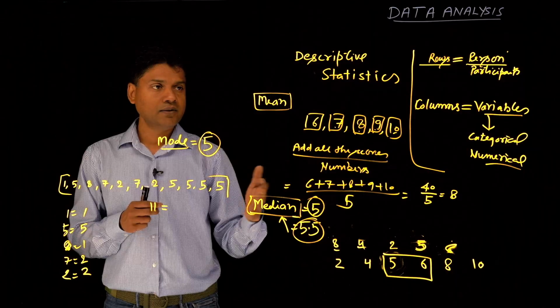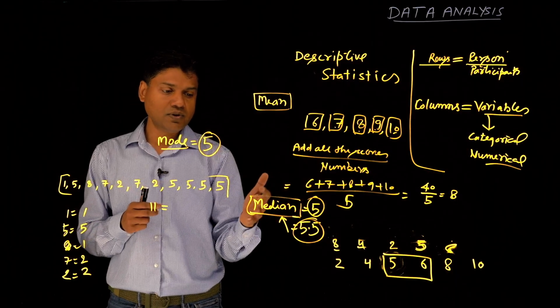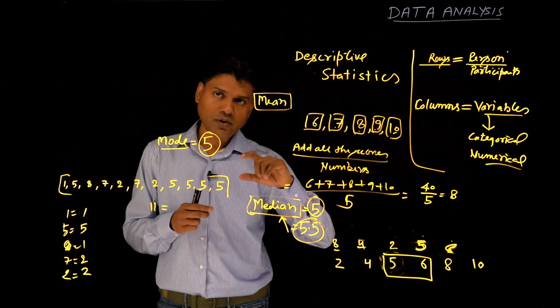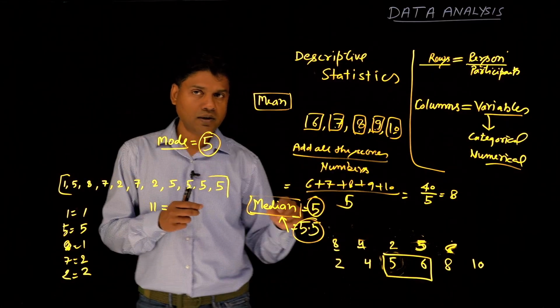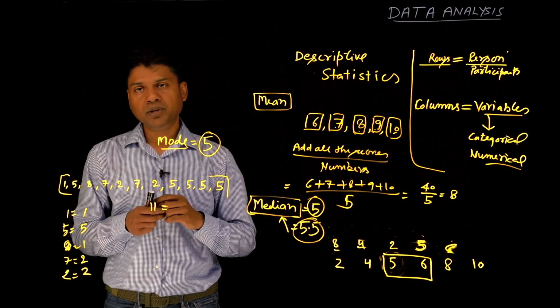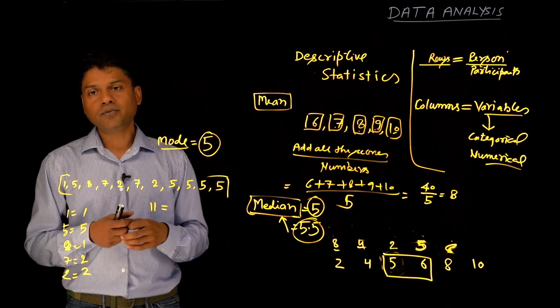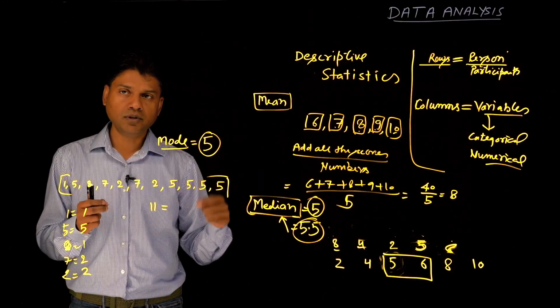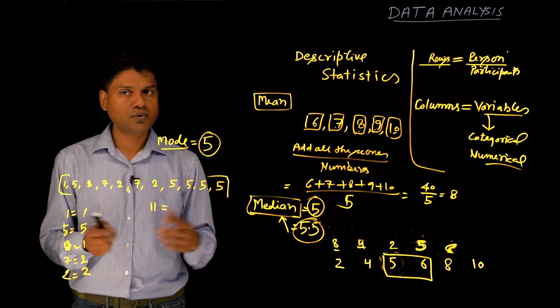Median is another measure of central tendency, where you first organize your data in increasing order and look at the central values, and that value is your median. And in mode, you focus on what data point is happening the maximum number of times, so that shows your mode.